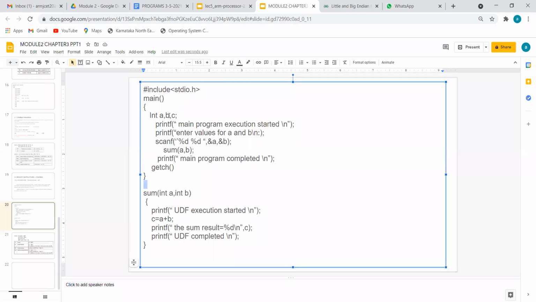Like this, line number 1, 2, 3, 4, 5, then 10th up to 15th, then comes the 7th or 6th line. Like this, it is a non-sequential execution. Whenever we want such a type of non-sequential execution, we have to go for branch instructions.